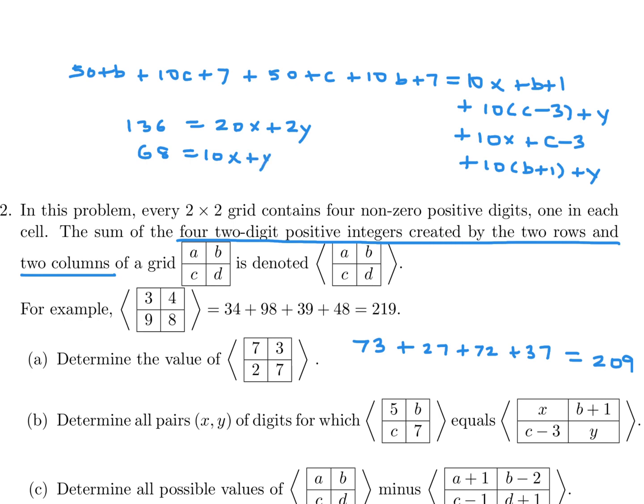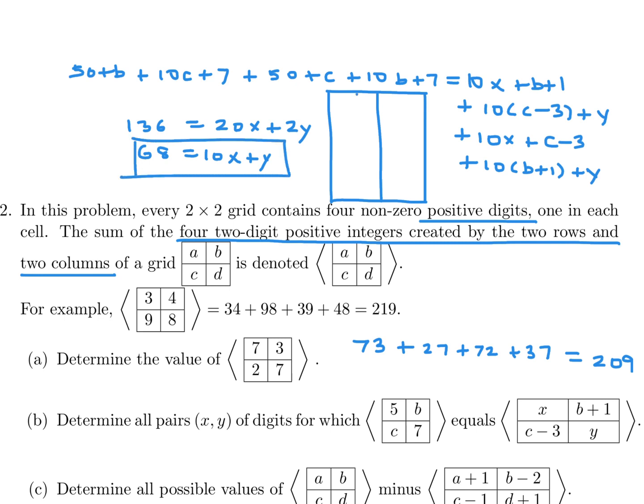And then what you do is make a little table and try to figure out values of x and y. These are non-zero positive digits. So you take this formula and see what works. When x, for example, is 1, you get 58 for y. But that's no good because y and x have to be digits, meaning 1 through 9.